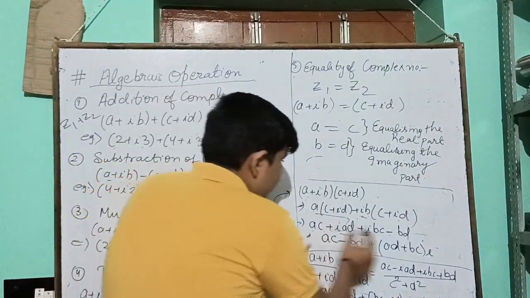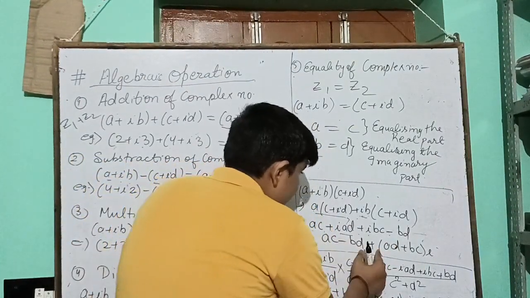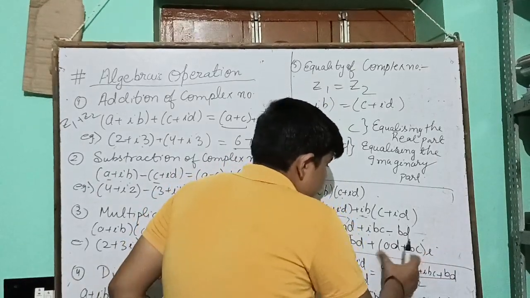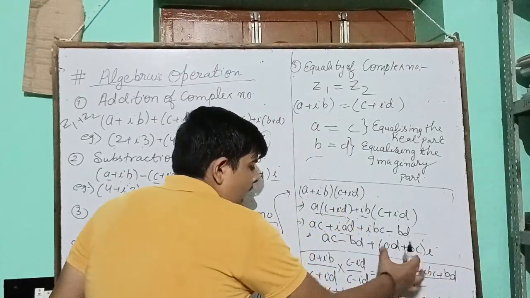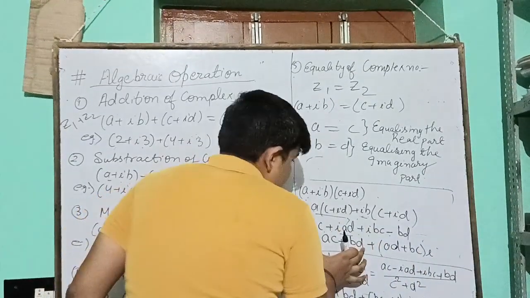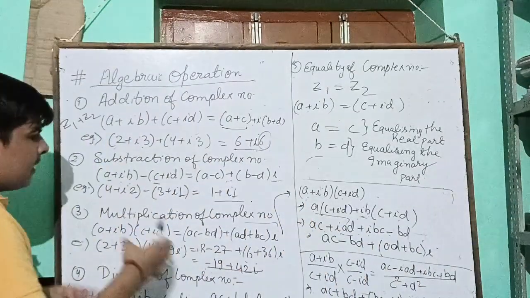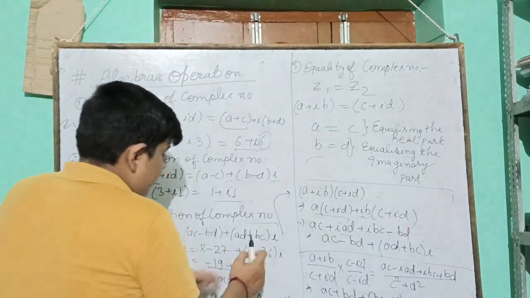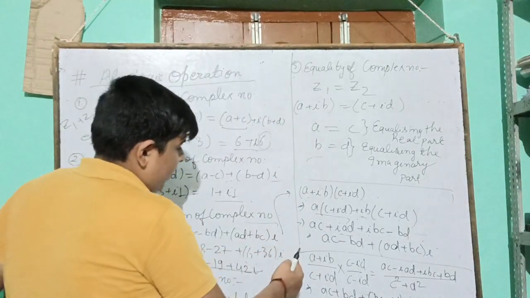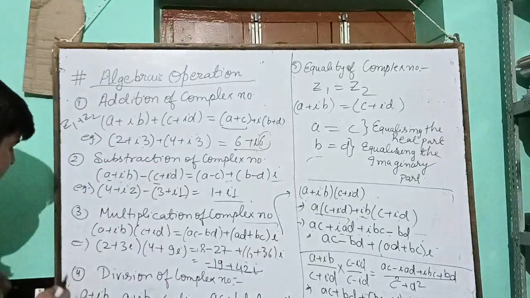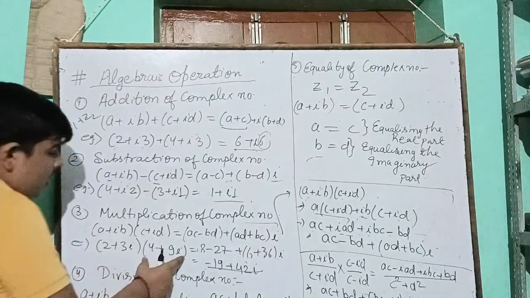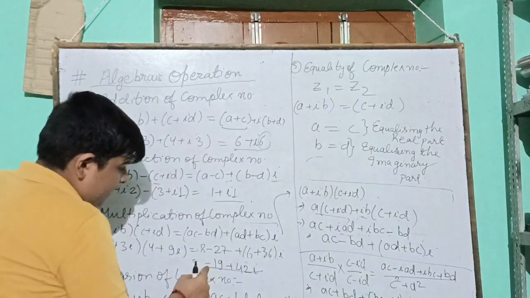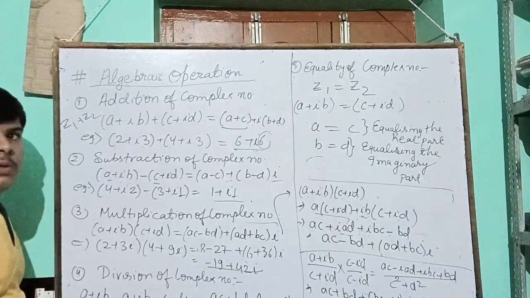So ac minus bd is the real part, plus (ad plus bc) into iota, the imaginary part. I have written one example also, (2 plus 3 iota) into (4 plus 9 iota), and the answer will be minus 19 plus 42 iota.